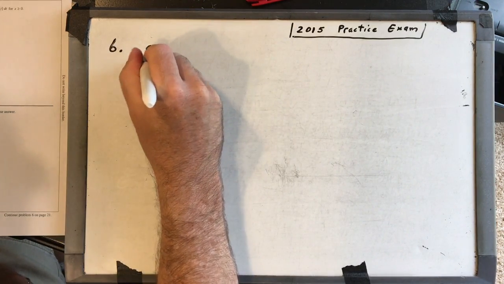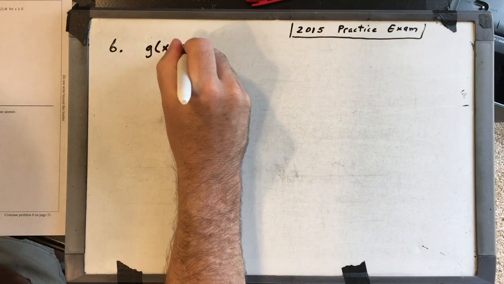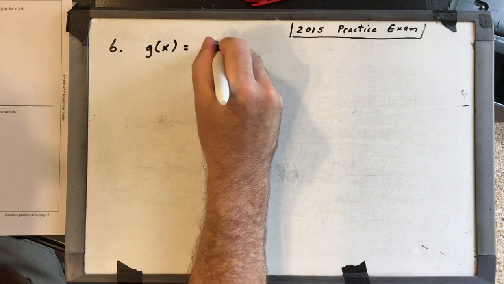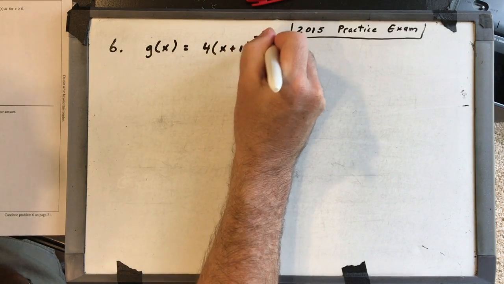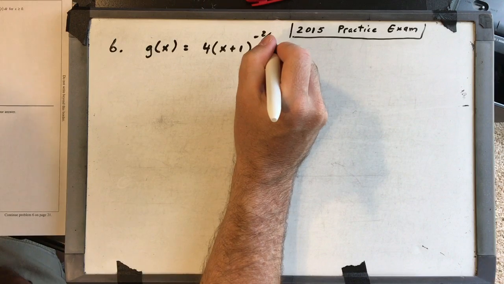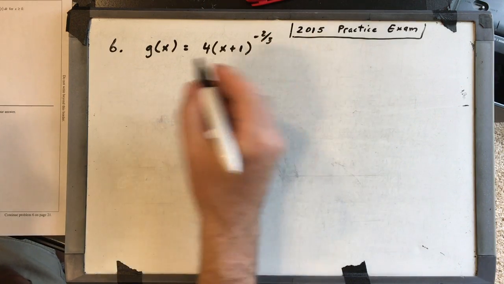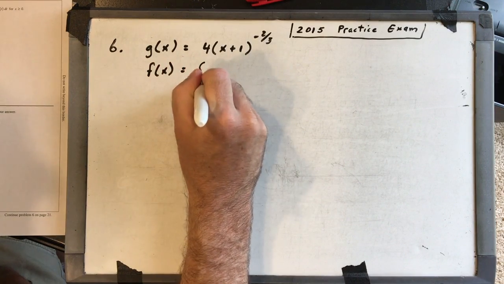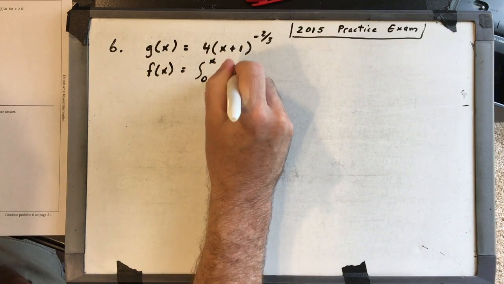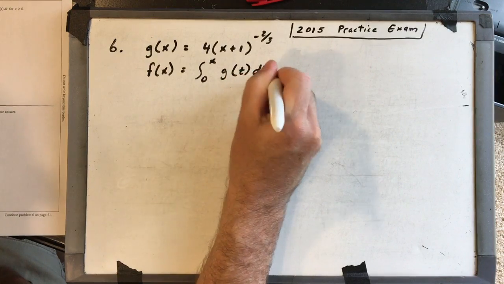Number 6 says let g of x equal 4 times x plus 1 to the minus 2/3. And then it says f of x is defined as the integral from 0 to x of g of t dt.